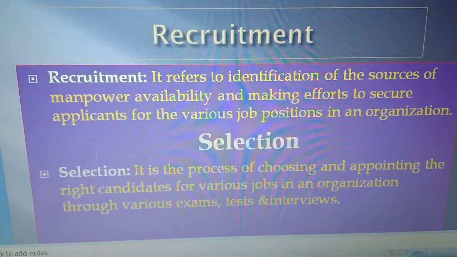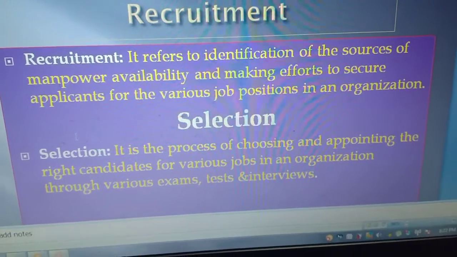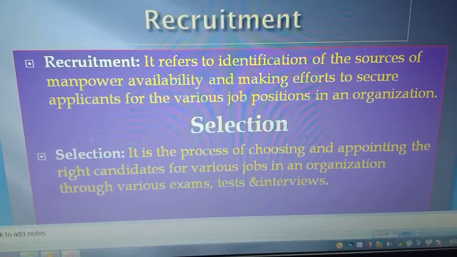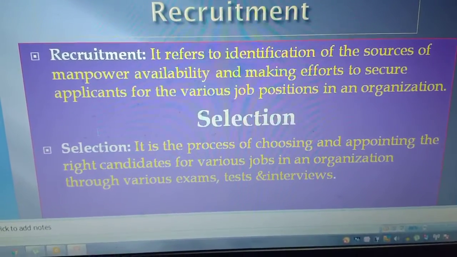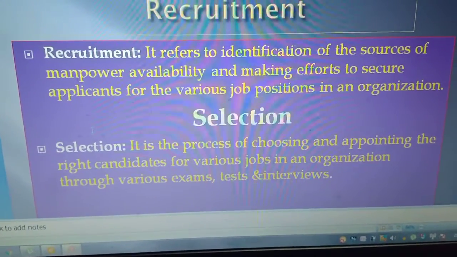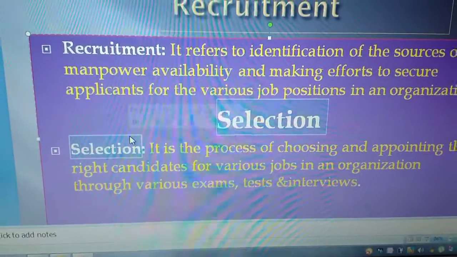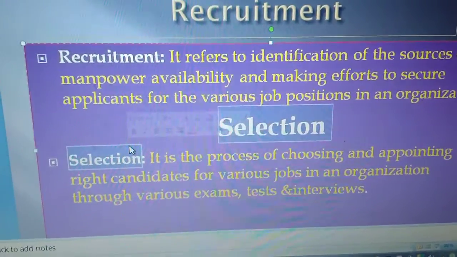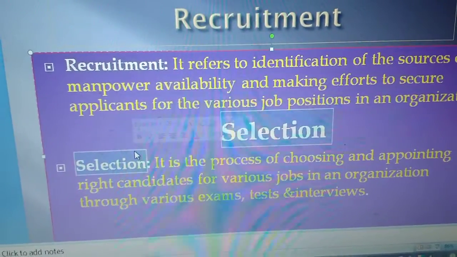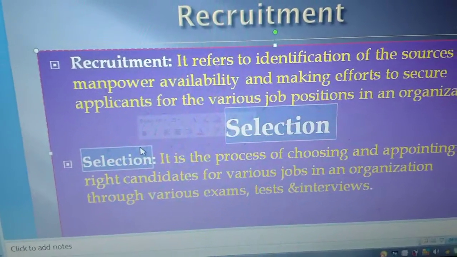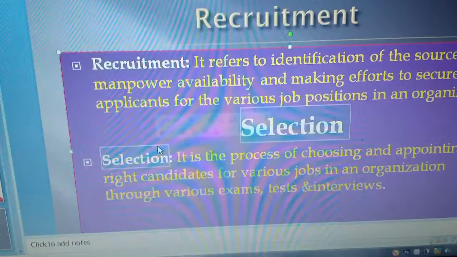The next process is selection. It is a process of choosing and appointing the right candidate for the various jobs in the organization through various exams, tests and interviews. So after recruitment, selection is done, and selection is a process of choosing the best candidate among the available candidates for the job.